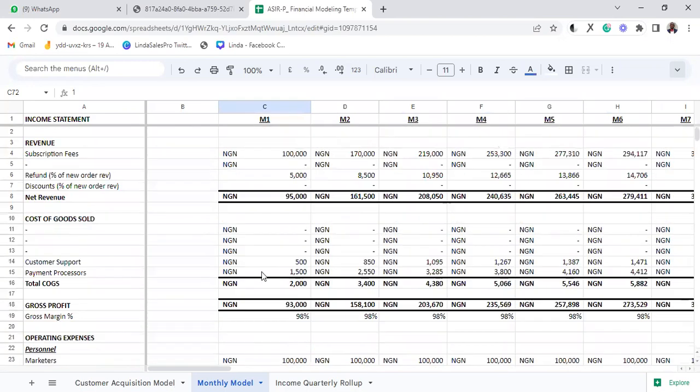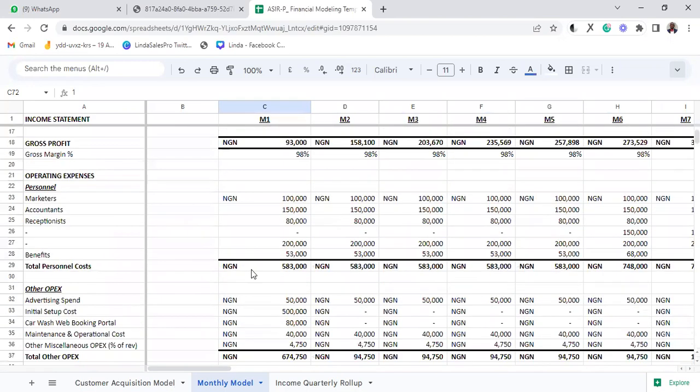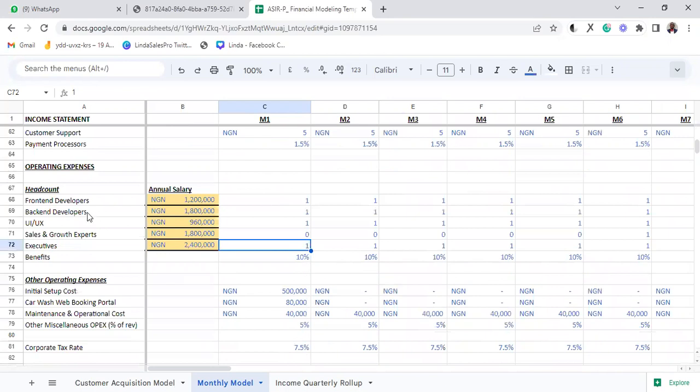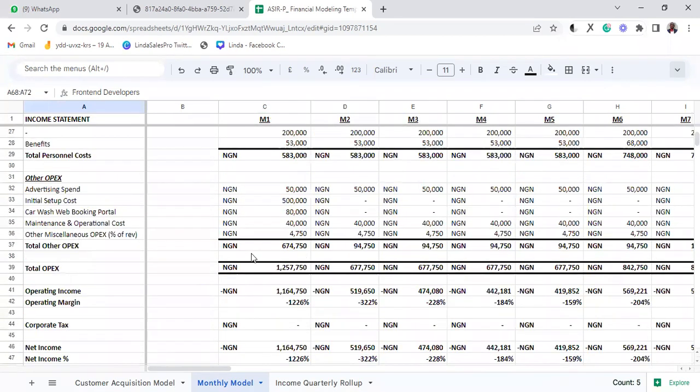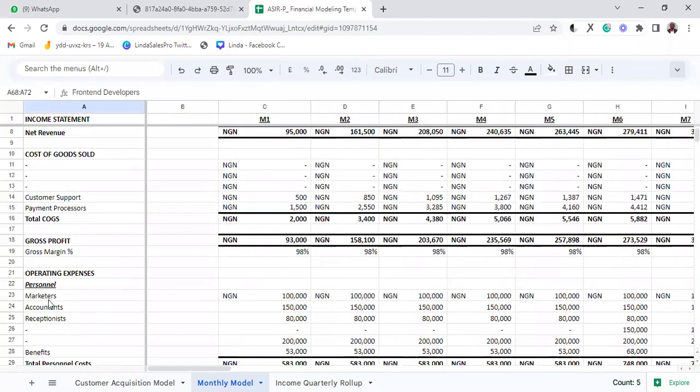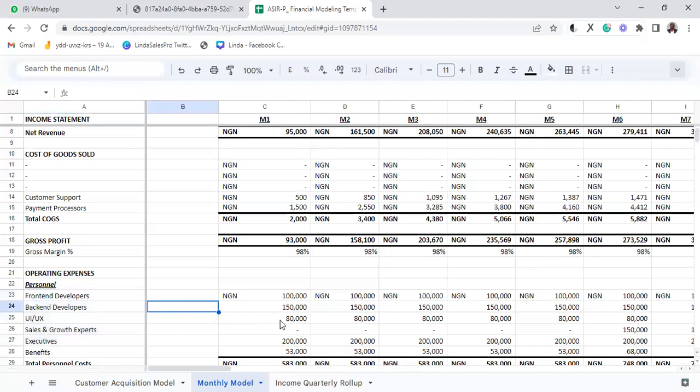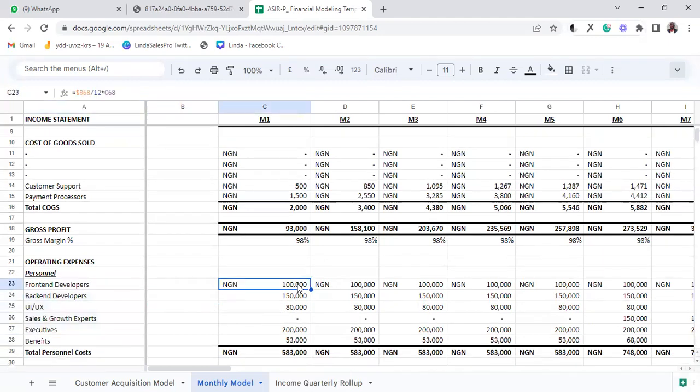So when you go up here, what I'm going to do is come back to this assumption and copy these guys. Remember, we changed it. So I'm going to go back here and look at here. You see we have marketers, accountant, and all that. So we can change it to this. All right, so look at this. We are paying 100,000 in month 1 to the front end developer.